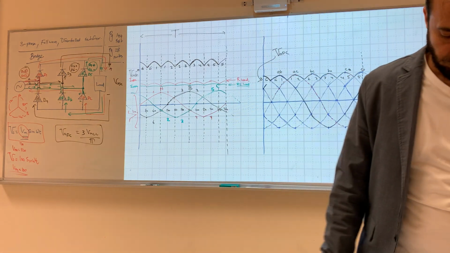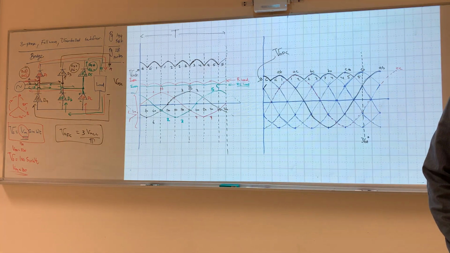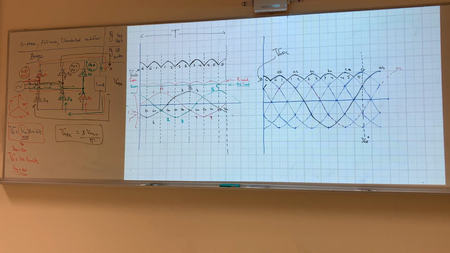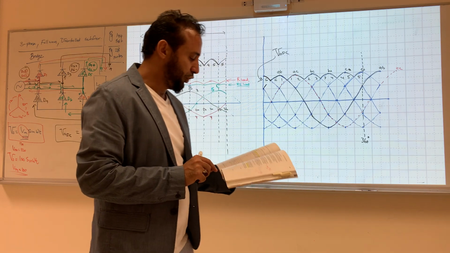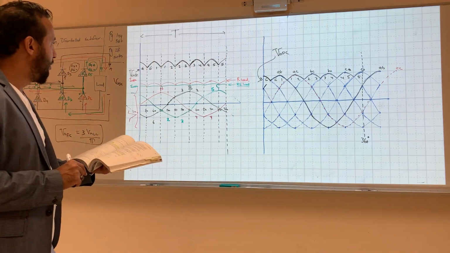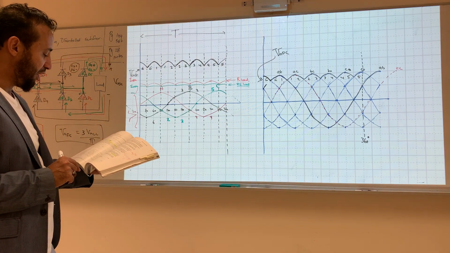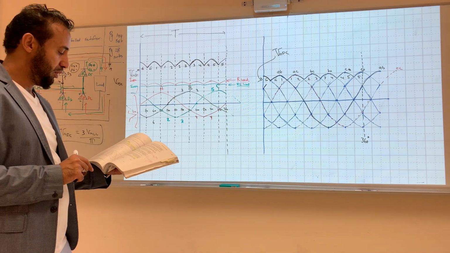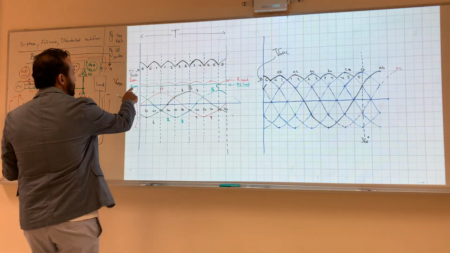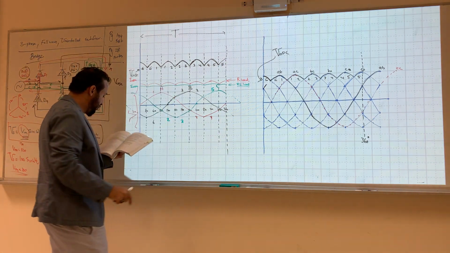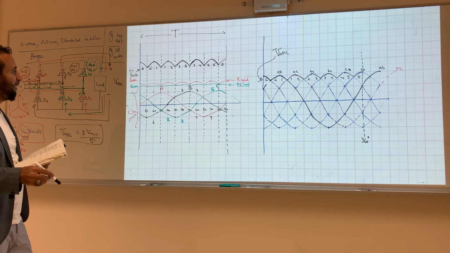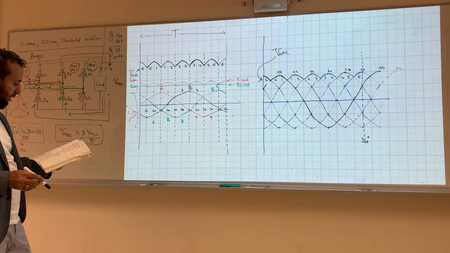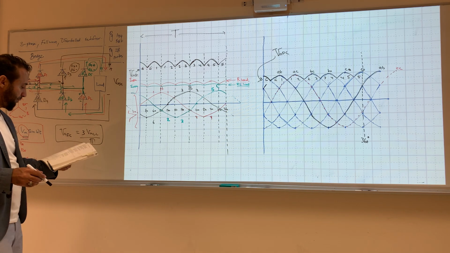If you look at page 144, part C, it will show you the current for each diode. That's the total current, and it will show you, for example, I diode 1.